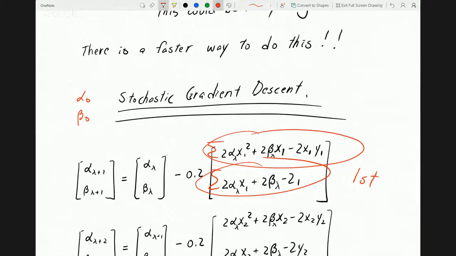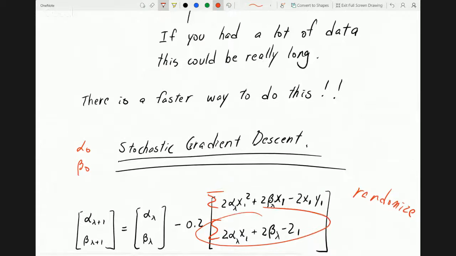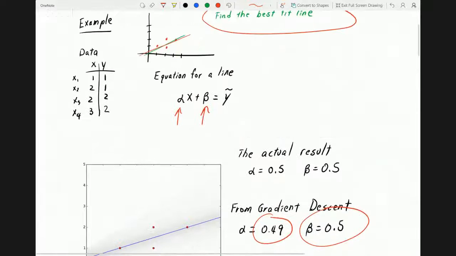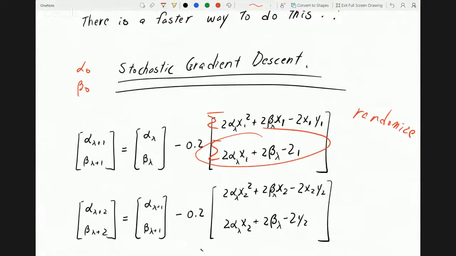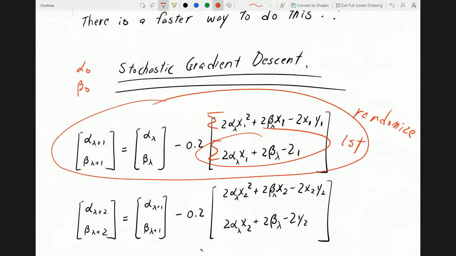You don't want to take the first data point, you want to randomize. So let's say you shuffle your data, so that they are completely random. Once you have shuffled the data, then you pick the first one, and then you just solve gradient descent.